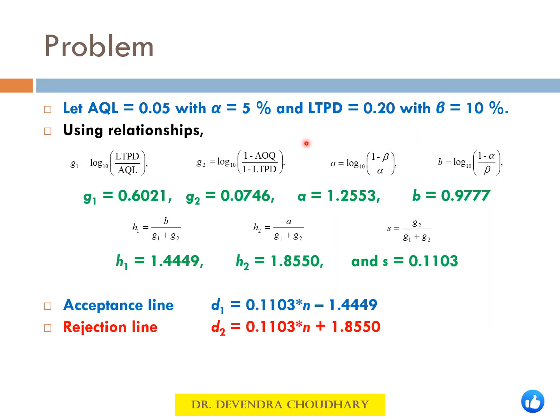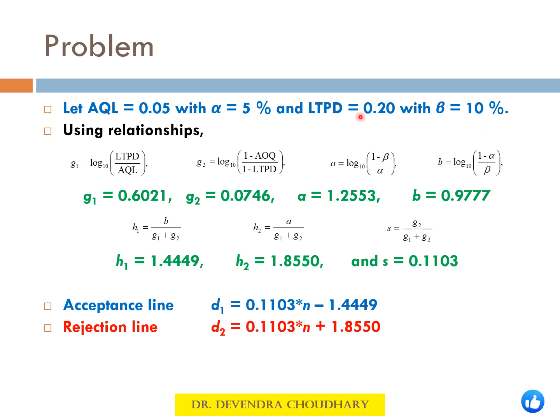Now let's take an example and try to understand what we discussed so far. For a problem where AQL is 0.05 and alpha is 5%, LTPD is 0.20 with beta or consumer risk 10%.